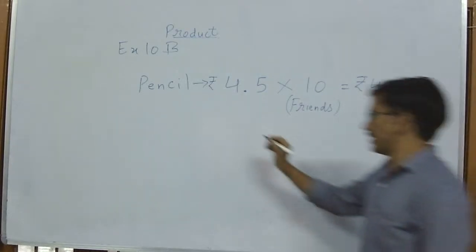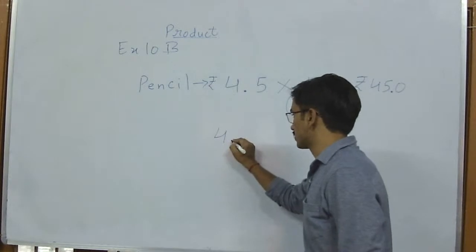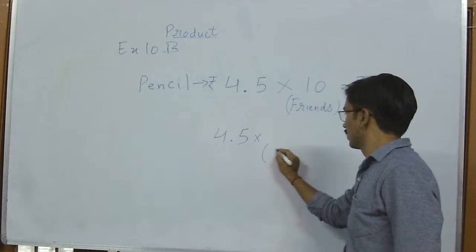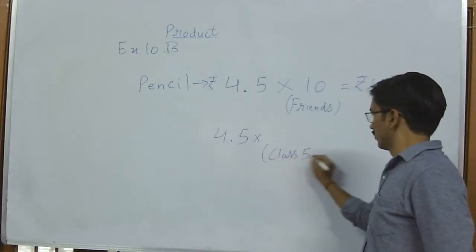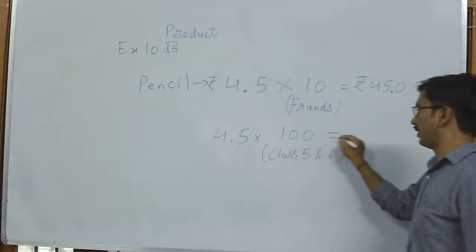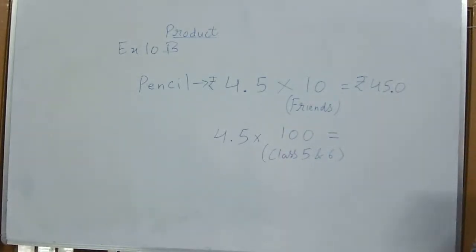Now the same pencil I have to purchase for my classes 5th and 6th, and suppose there are a total of 100 students. What will be the cost? 4.5 multiplied by 100.